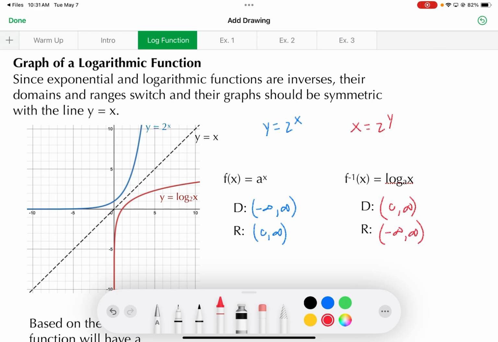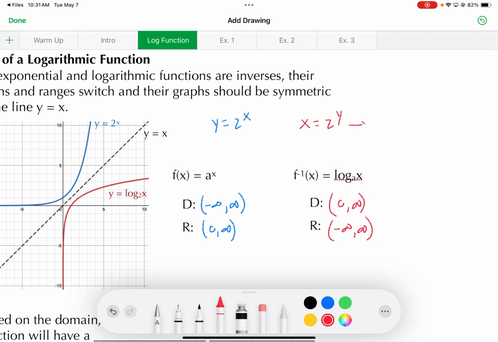This is where logarithmic form comes into play: log base 2 of x equals y. That verifies that y equals log base 2 of x is the inverse of y equals 2 to the power of x.